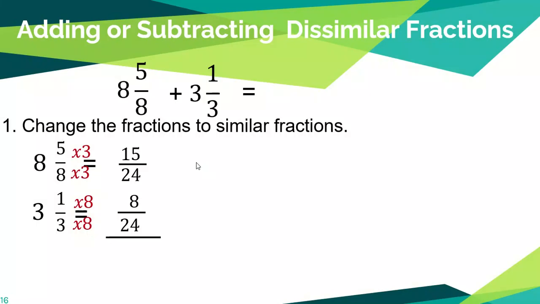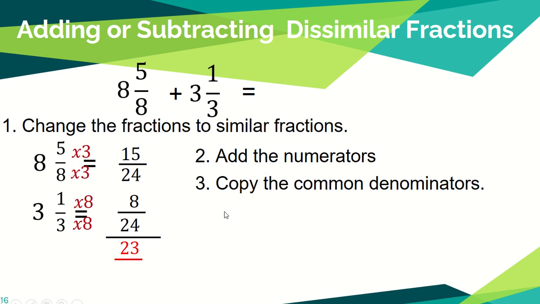But what if we have a whole number. Mixed number ang given. Dissimilar fraction siya, then may whole number. So, madali lang siya. So, change the fraction to similar. Huwag mo munang pansinin yung whole number. Add the numerators, 23.